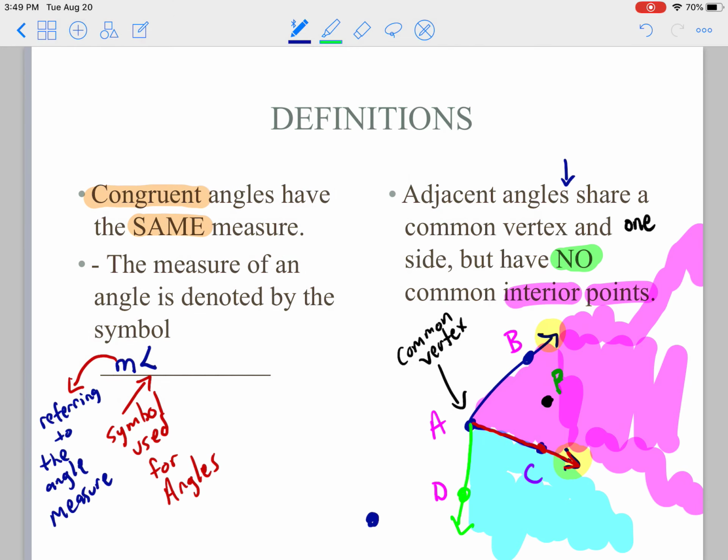I could put it out here, and I'll name it E. And I'm going to name it E because E is exterior to both angles. So there is an exterior point to both angles.